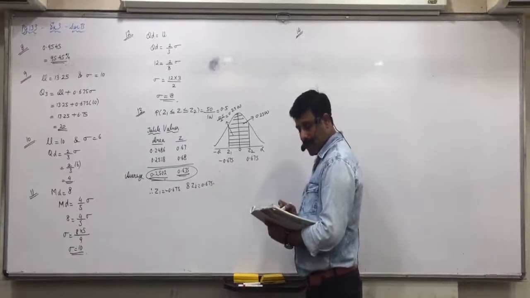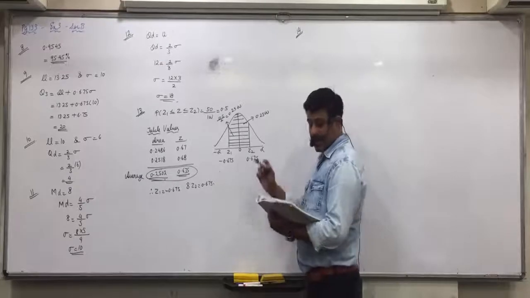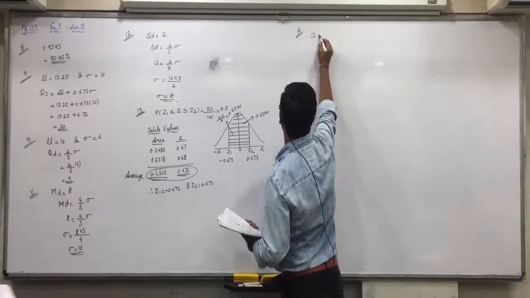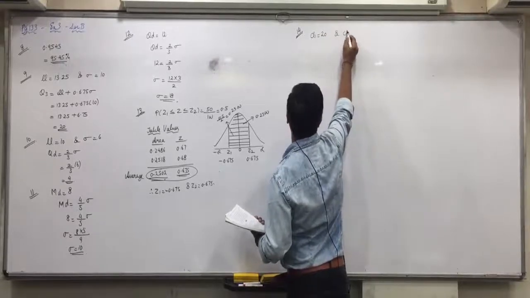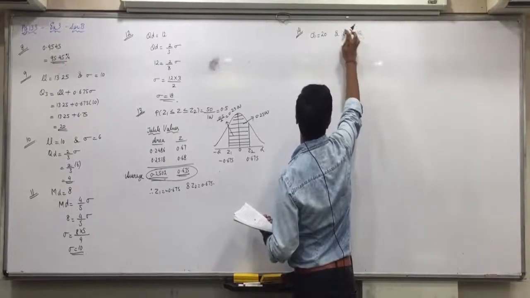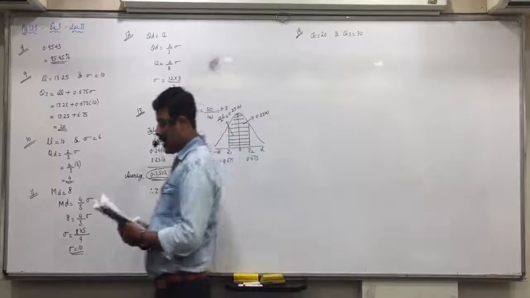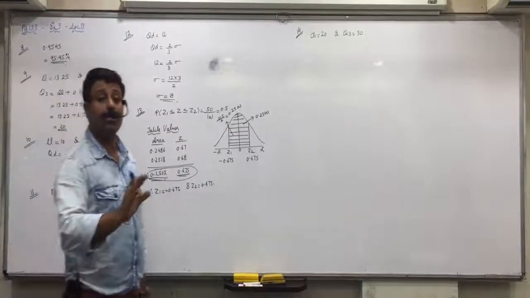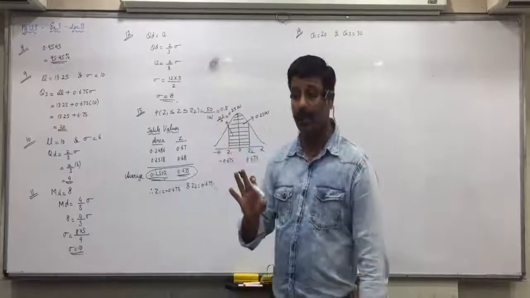Question 14. The extreme quartiles of a normal distribution are 20 and 30. Q1 is 20 and Q3 is 30. Find its mean. Now, in a normal distribution, mean, median, mode all are equal.